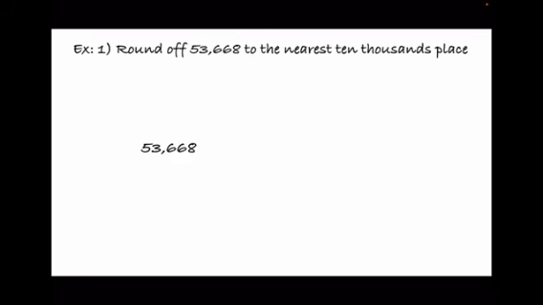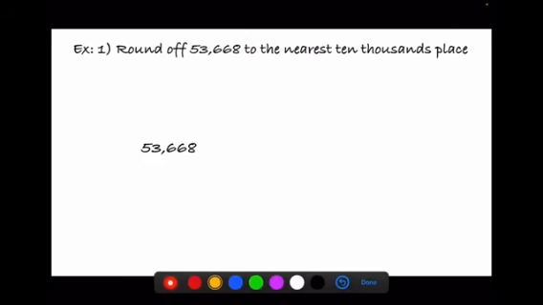It has 5 digits, so the place values would be units, tens, hundreds, thousands and 10,000s.